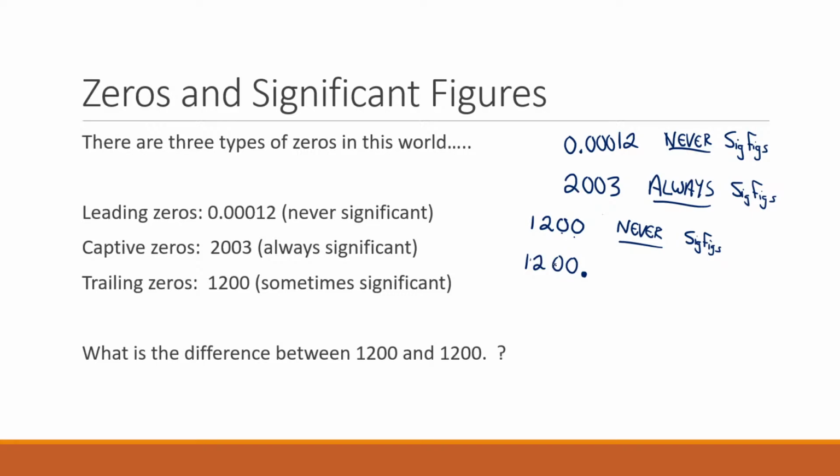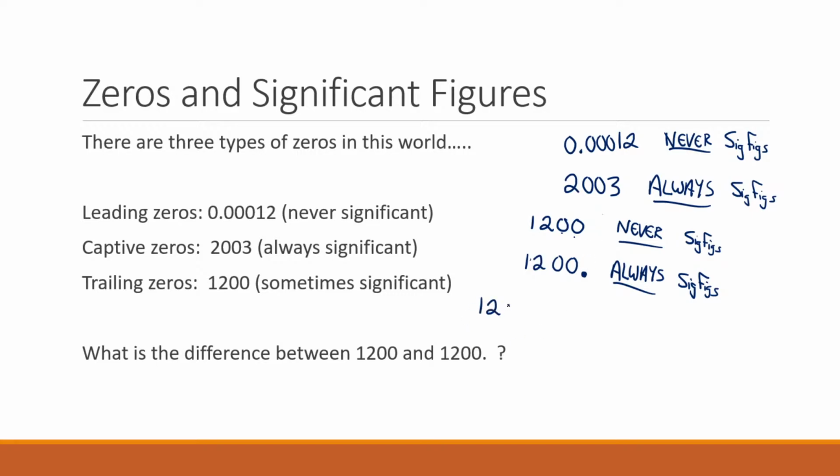If one of you drops out of chemistry, there will be 1,199. This decimal point tells me that I measured every spot. These are always significant. The presence of the decimal at the end of the number means that the zeros at the end of the number are significant.